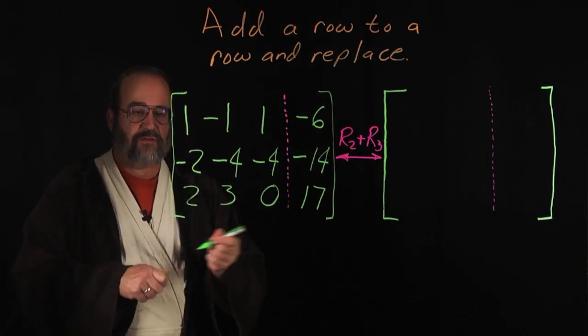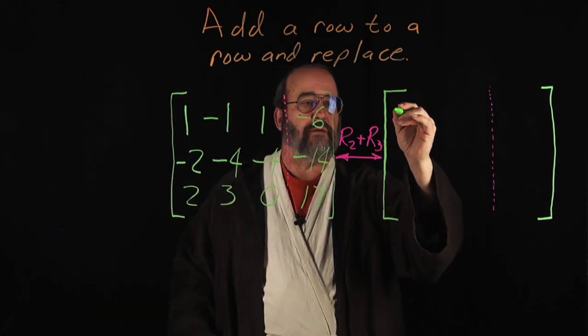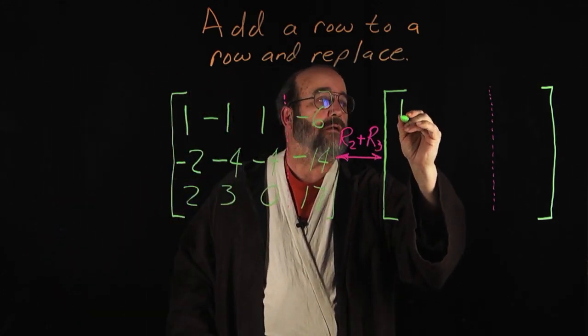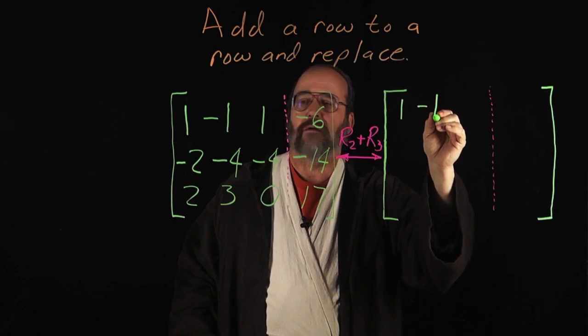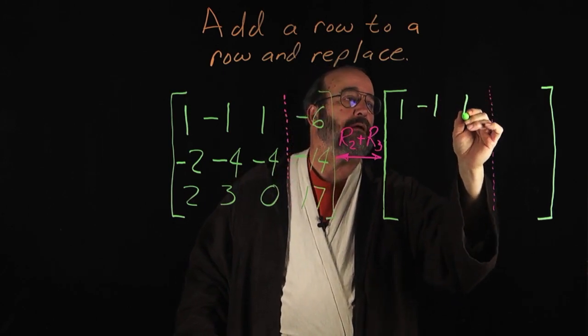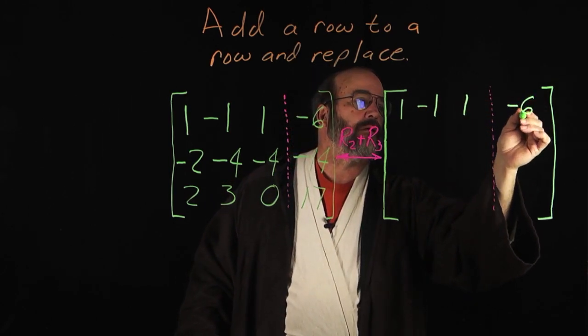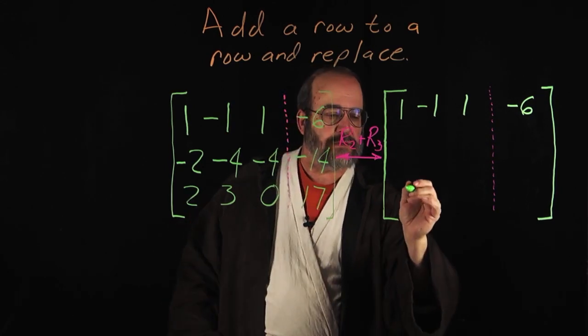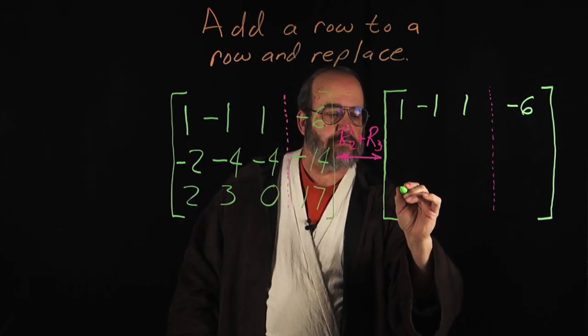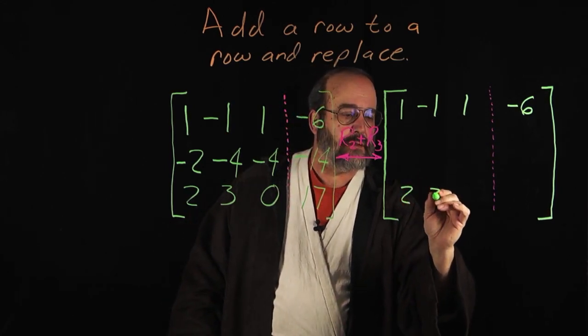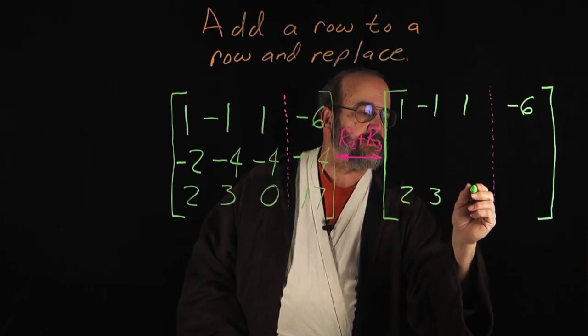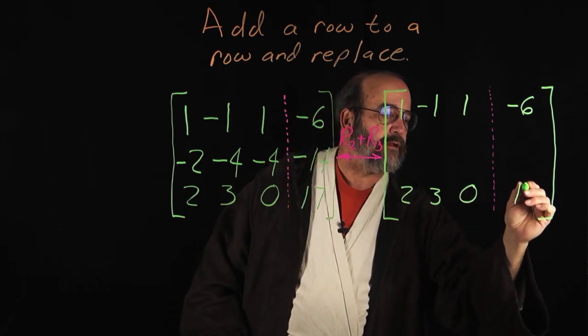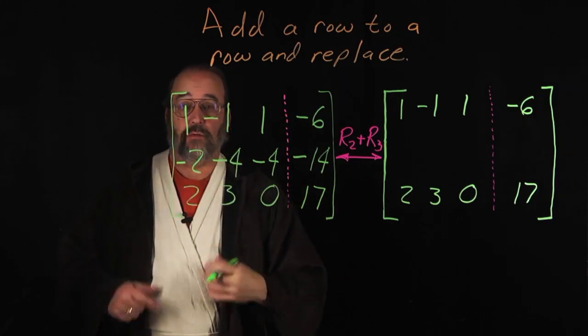So I'm going to just transfer over row 1. So here we go. 1, -1, 1, -6. And row 3, we're not going to change that one either. So we'll just move that one over. 2, 3, 0, 17.